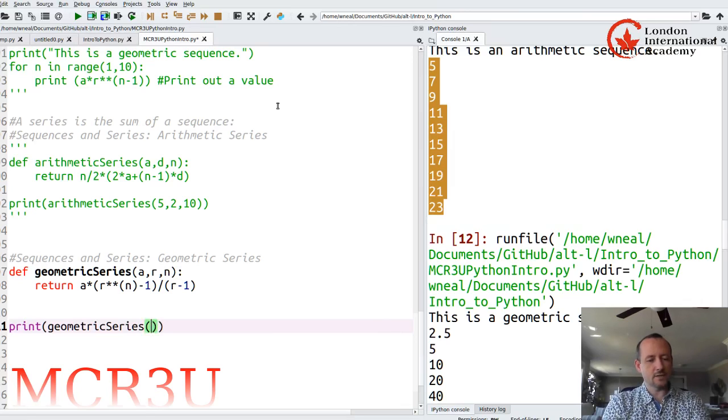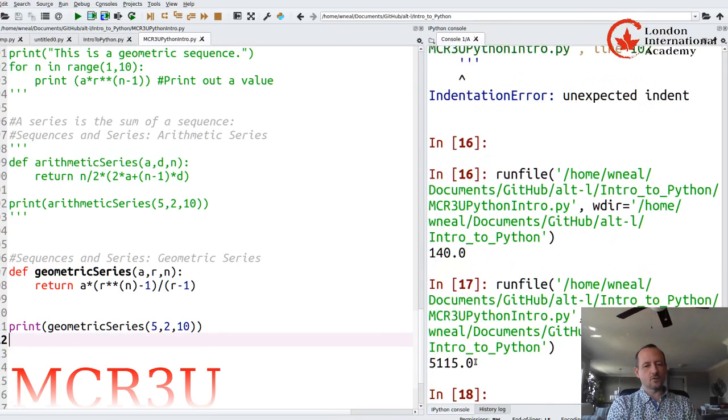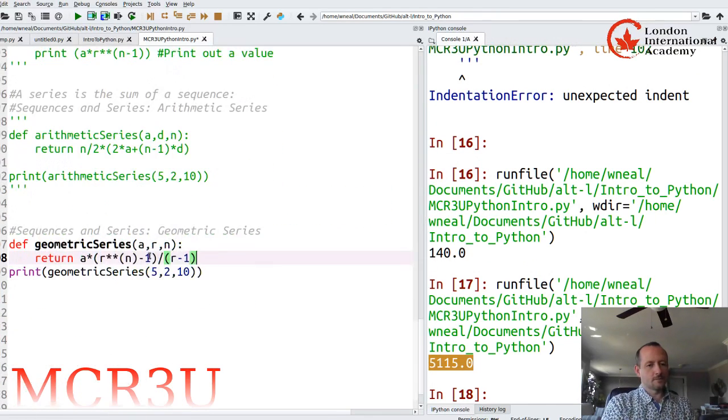Well, a is going to be, well, what were we using before? 5. r was 2, and let's try it for 10 terms. And see if we added that for 10 terms, what would we get? Well, the sum of all the terms should be 5,115. So there we have the sum of the arithmetic sequence, which is called an arithmetic series. And we have the sum of a geometric sequence, which is called a geometric series.